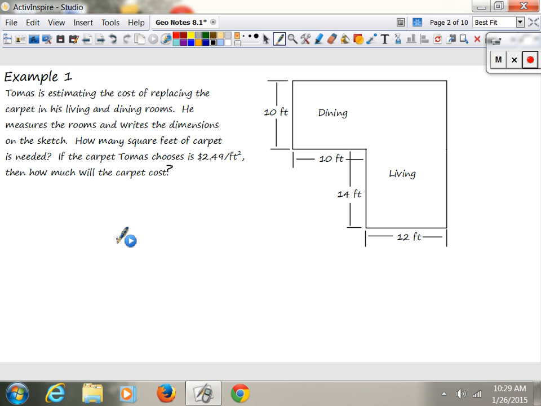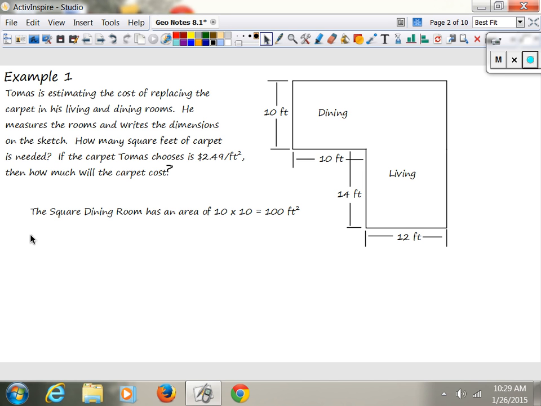Now this is not a shape where you would actually have a formula for it. So you're going to need to break it into shapes that you do have formulas for. In this case, you're going to break it into a square and a rectangle. The first thing we would probably do is look at the square dining room, because I noticed a 10 and a 10 there.